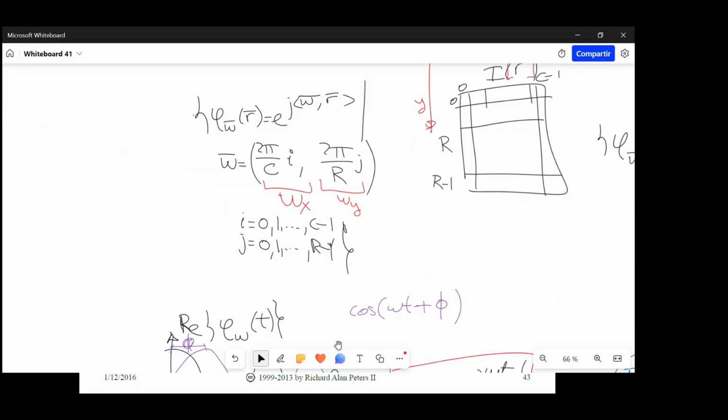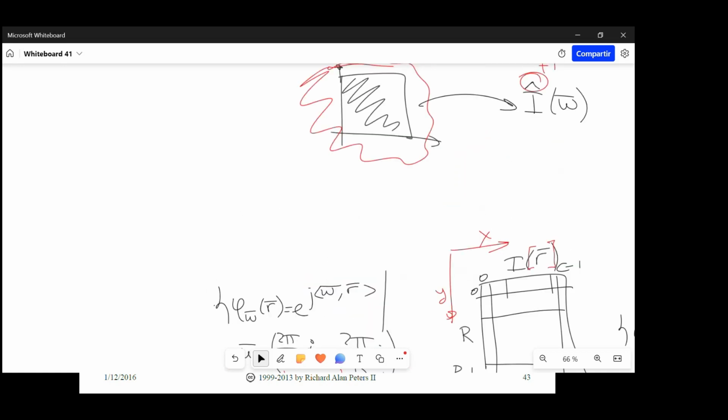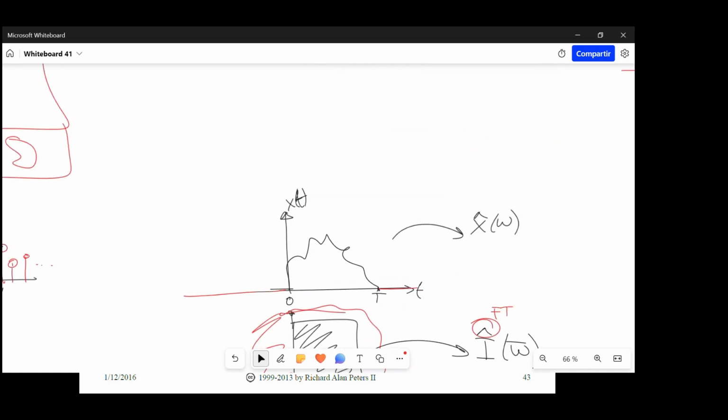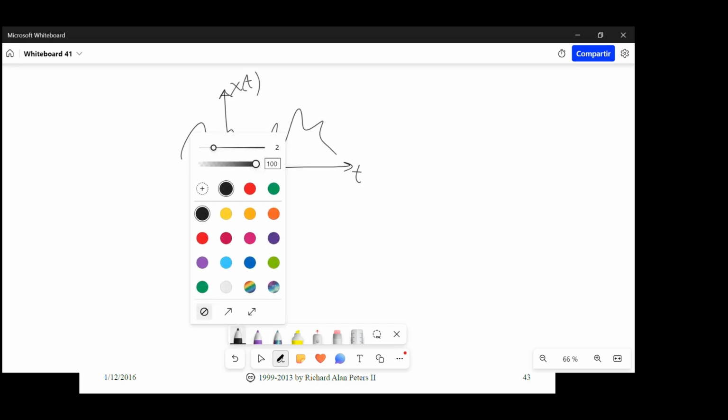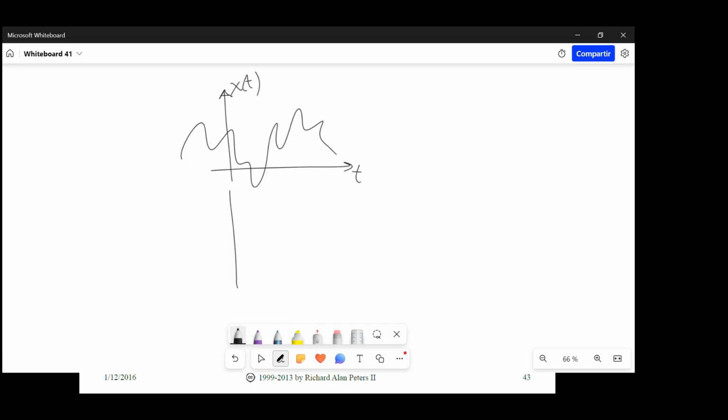The power spectrum is defined in this way. So let's do it in 1D. You have T, you have X of T, and you have any signal here. Let's say that this is a random process.